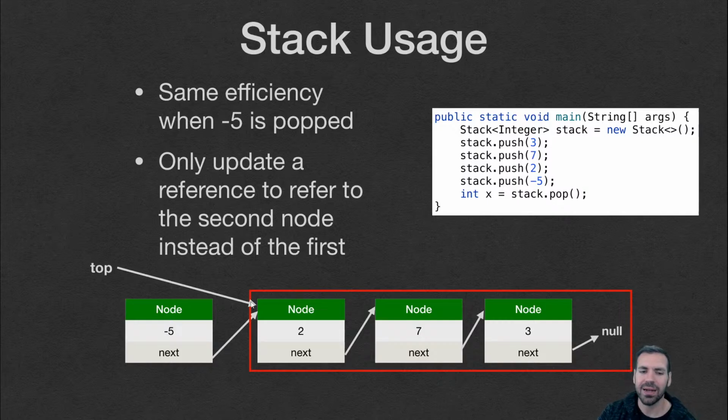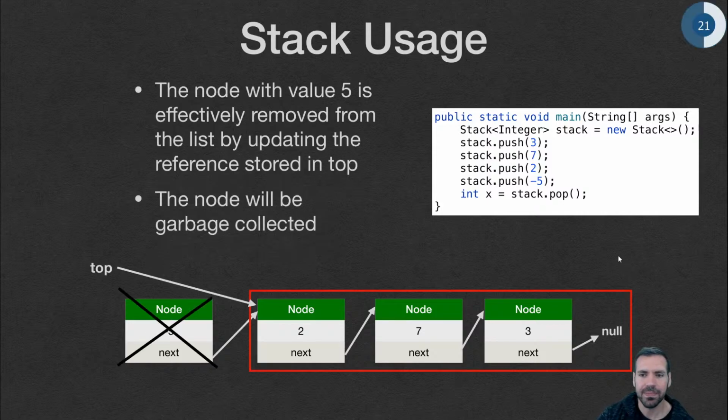And throughout that, nothing in the red box changed. Our original linked list never changed at all when we pushed and popped. This is part of what makes this very efficient, is we're not going through the linked list and making all kinds of changes to it. We're just manipulating the front of the linked list, which is the top of the stack. And then this node would get garbage collected.